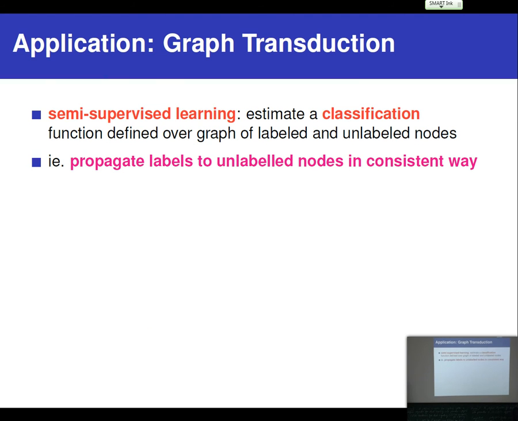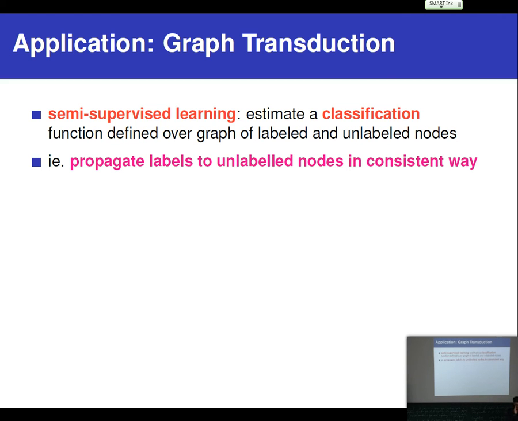So this is called graph transduction. It's a semi-supervised learning problem where our goal is to estimate a classification function. So we're given a graph, and you should think of the nodes as data points. Some of them are given labels. We're told that they're from a particular class, and we have other unlabeled nodes.